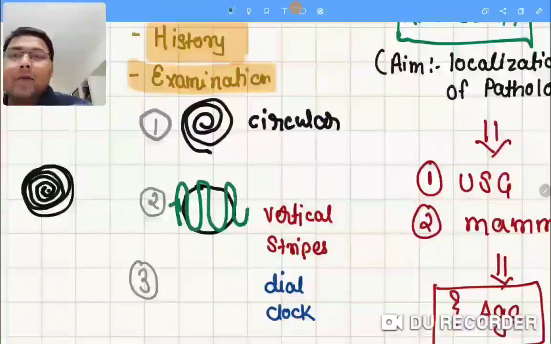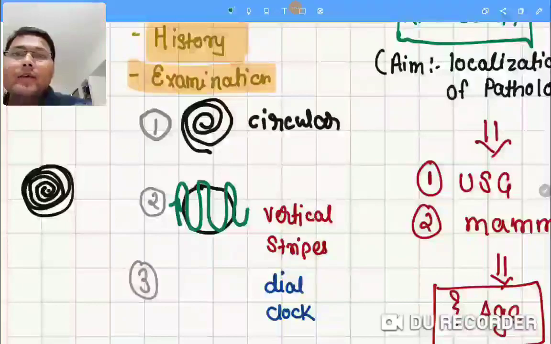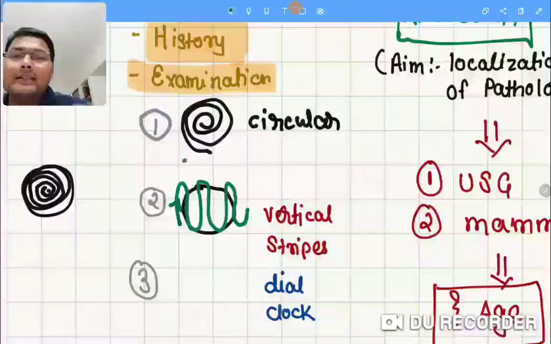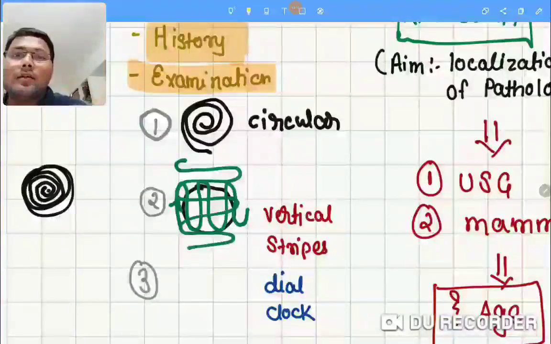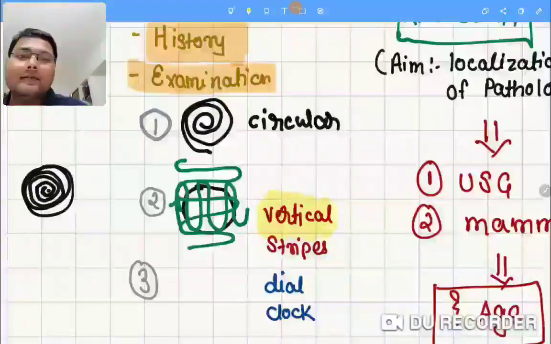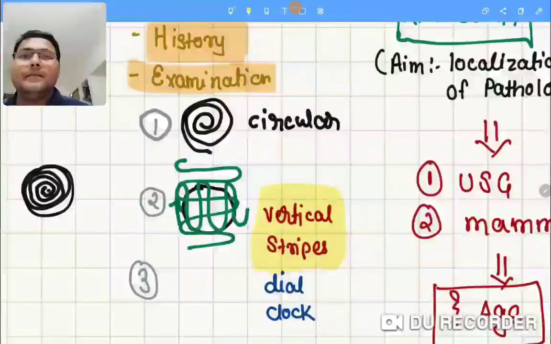If we start from the upper quadrants, then we'll move towards the lower quadrants. This method is called the vertical strips method of breast examination.